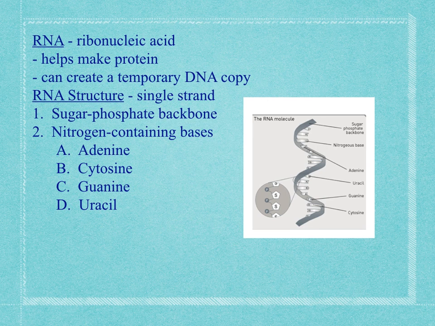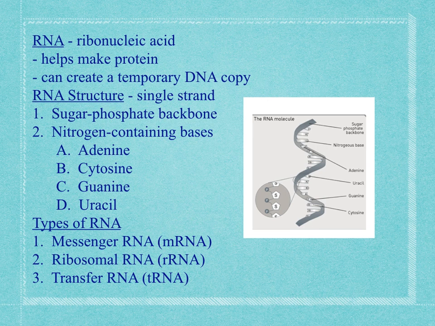There are 3 types of RNA. We have messenger RNA, ribosomal RNA, and transfer RNA. So messenger RNA is going to be the temporary DNA copy. The ribosomal RNA is part of a ribosome, and it's going to help read that temporary copy.